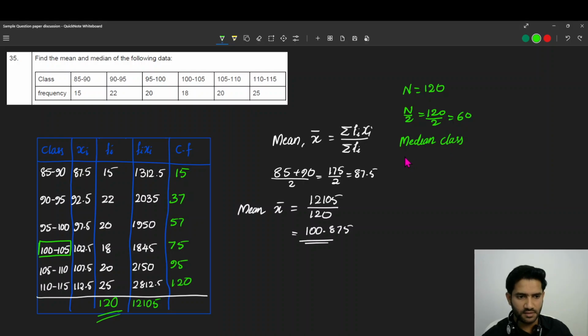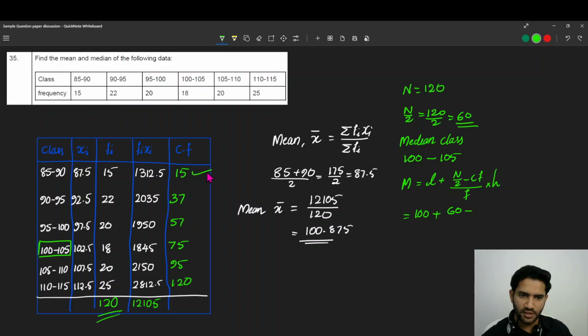Median class is 100 to 105. Now the equation: median is equal to L plus (n by 2 minus CF) divided by the frequency, into h. Here L means the lower limit of the median class, that is 100. n by 2 is equal to 60.